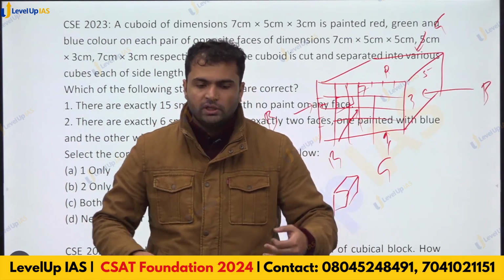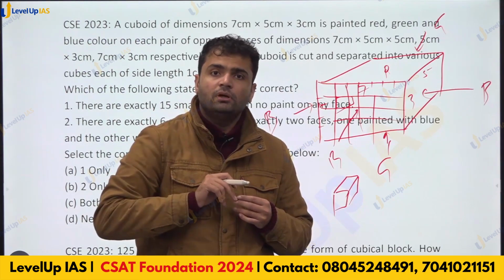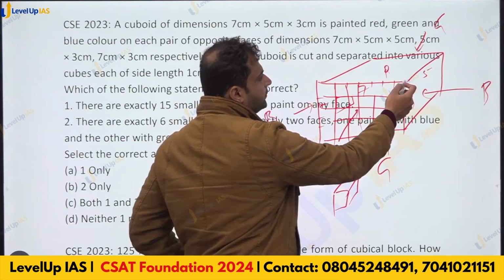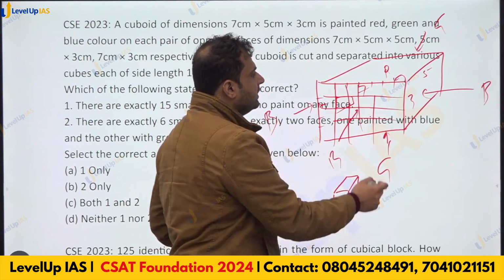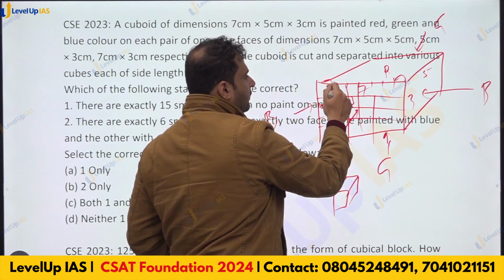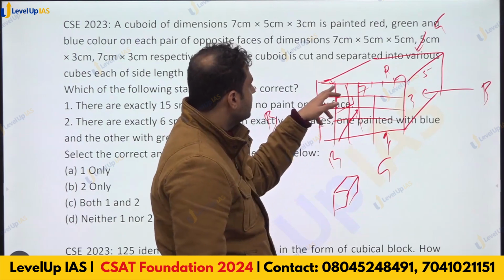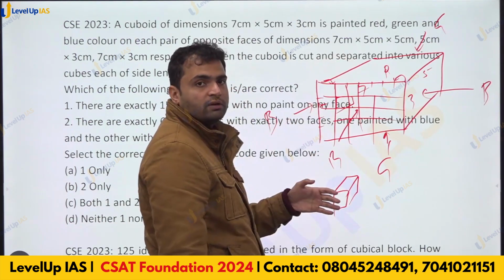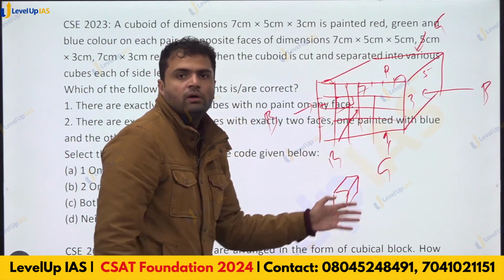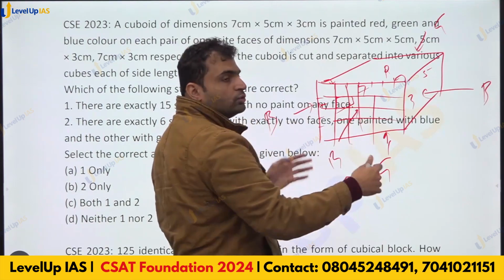So consider this is the 7 centimeter side. We come one inside so that this face is not exposed to the surface, and we have to come one inside from this side too, because otherwise this surface would be exposed to the outer surface, and then that face will get colored. So one from this side, 2 inside.